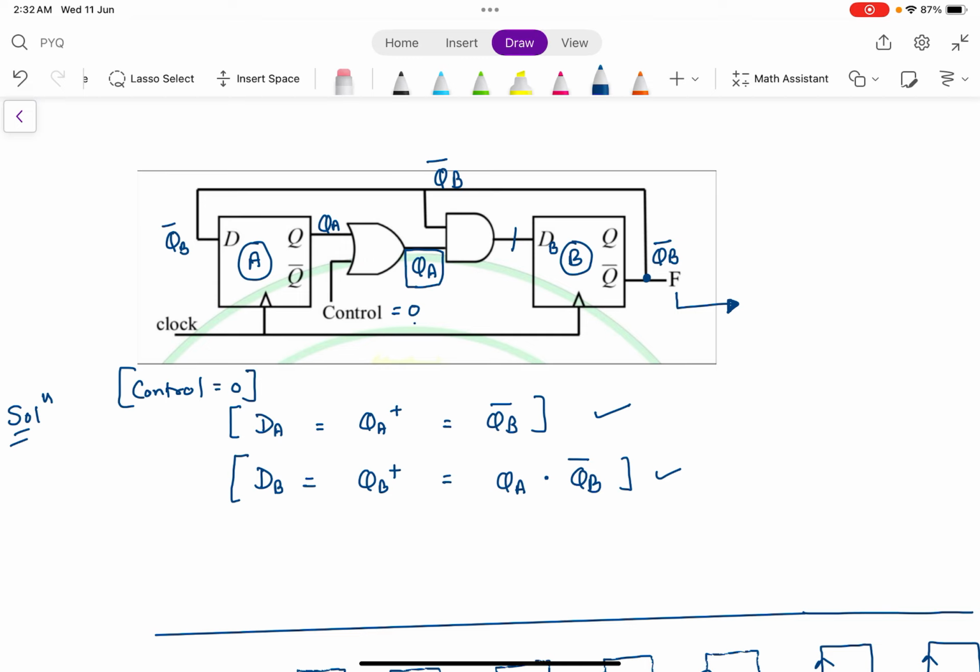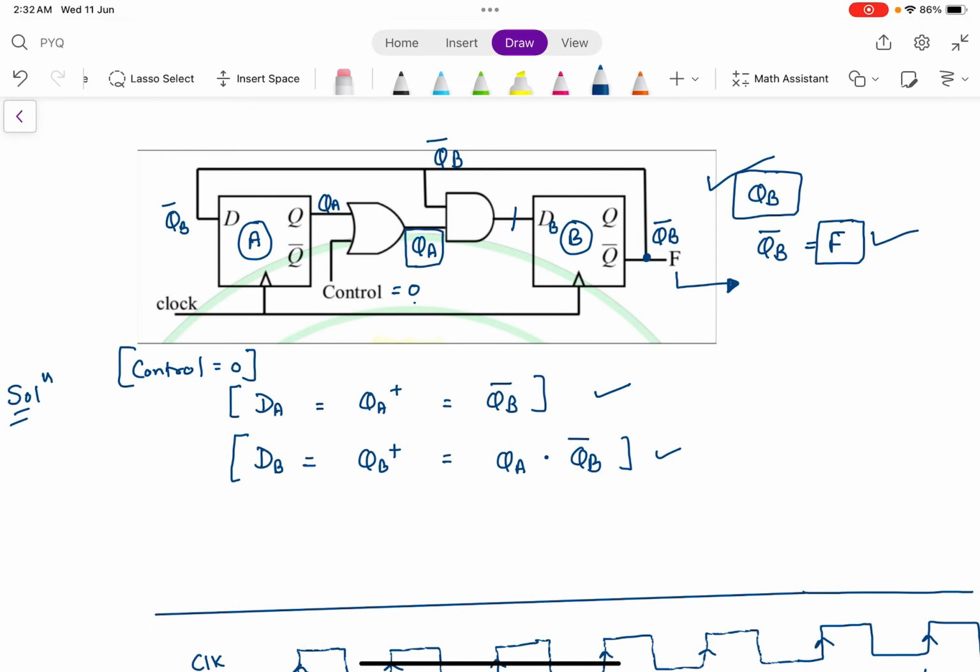Whatever the frequency of QB is will be the same as QB complement, which is nothing but F. So once you find the frequency of QB, you will get the frequency of the complement, which gives your frequency of the F output.